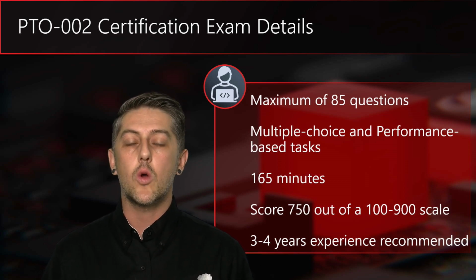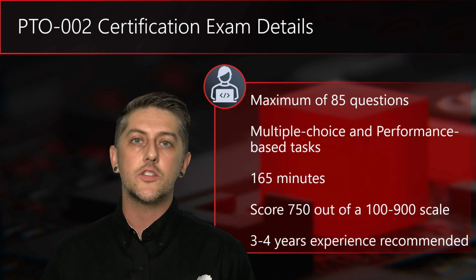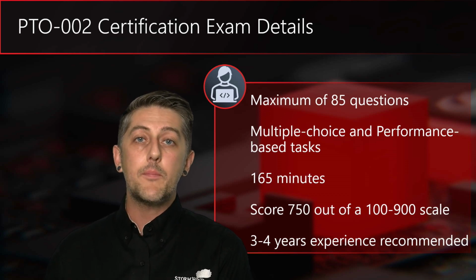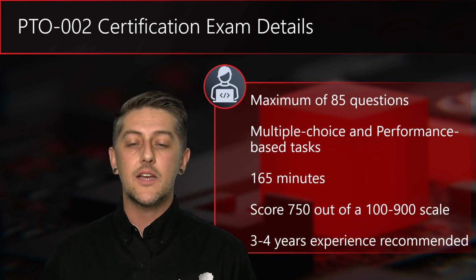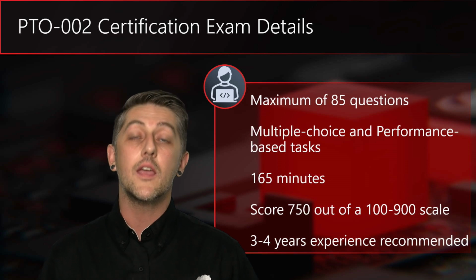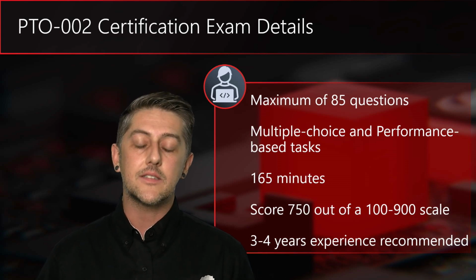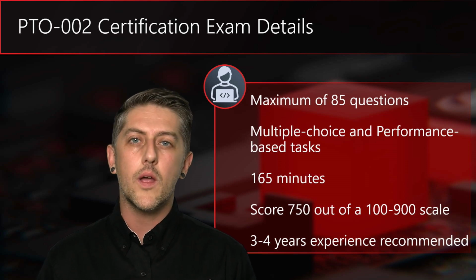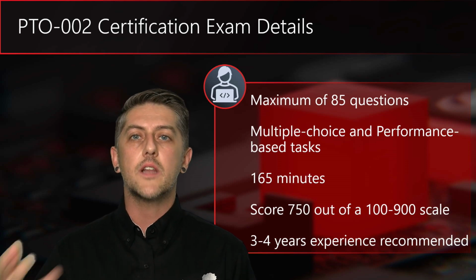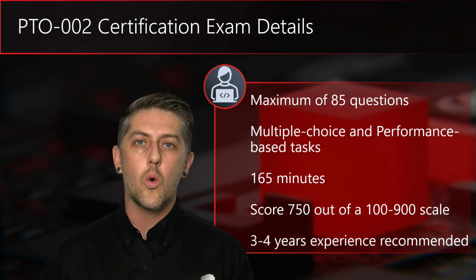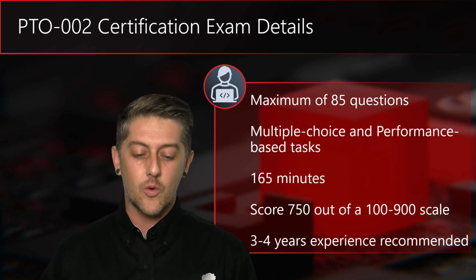CompTIA likes to throw in some tester questions in order to gauge awareness of the test takers, and to see if they are good types of questions to add on to a future version of the test. So don't be discouraged if you see a question that doesn't quite make any sense, or maybe is related to some information that wasn't covered accurately during the course. Don't worry, this might be one of those tester questions.